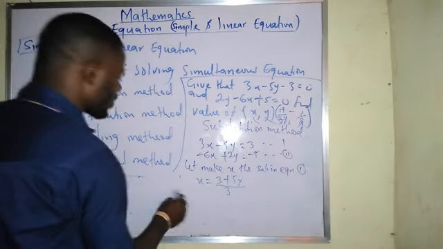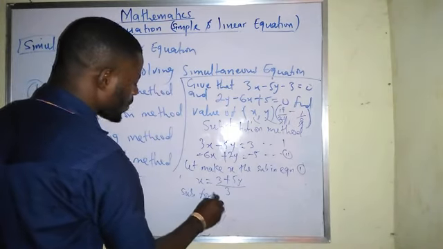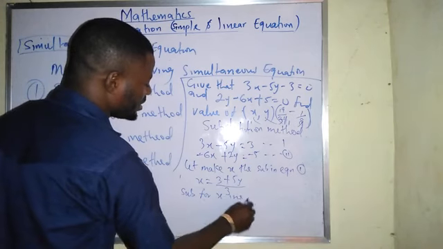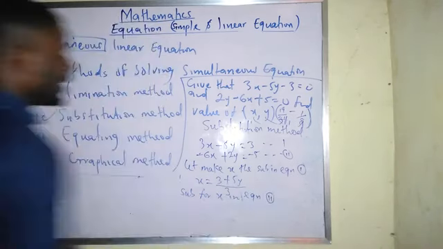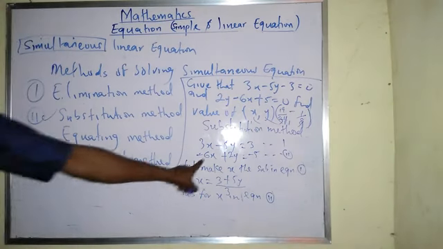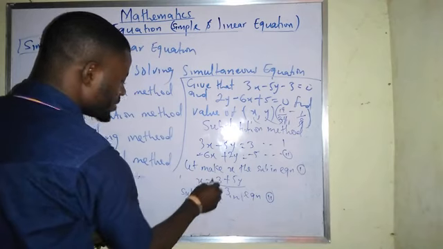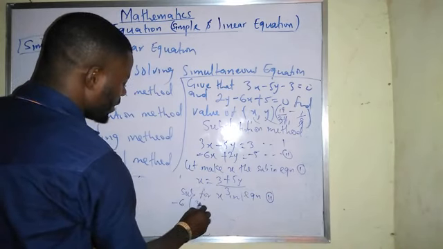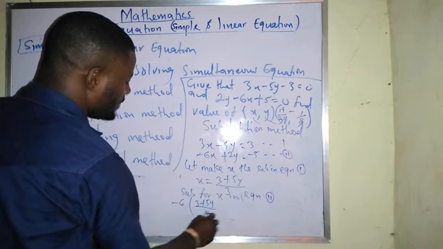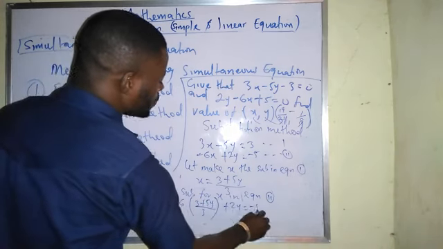Now, substitute for x in equation 2. Wherever you see x, you replace it with this. It means anywhere you see x, it will be represented by this, like this: minus 6 times 3 plus 5y divided by 3, plus 2y equals minus 5.